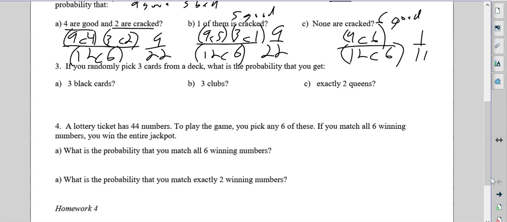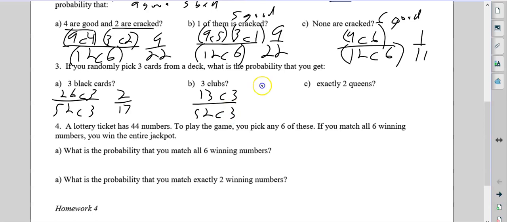All right. You pick 3 cards from a deck. What's the probability you get 3 black cards? Well, that's simply 3 chosen from the 26 total black cards. There's 52 cards total, and we're choosing 3. That ends up being 2 out of 17. What about 3 clubs? Well, there's only 13 clubs, and we're choosing 3. There's still 52 cards, and we're still choosing 3. That ends up being 11 out of 850.